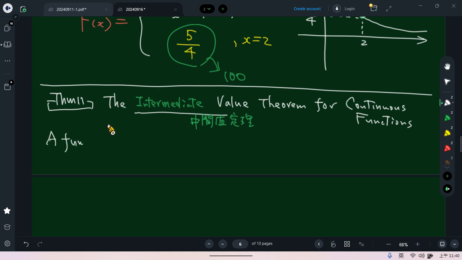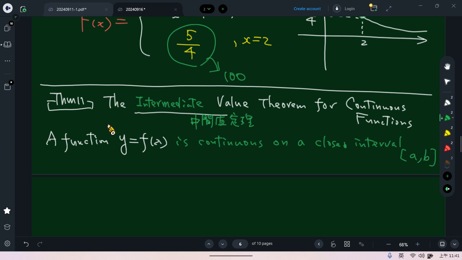If a function y is equal to f of x is continuous on a closed interval a and b, then this function will take on every value between f of a and f of b.